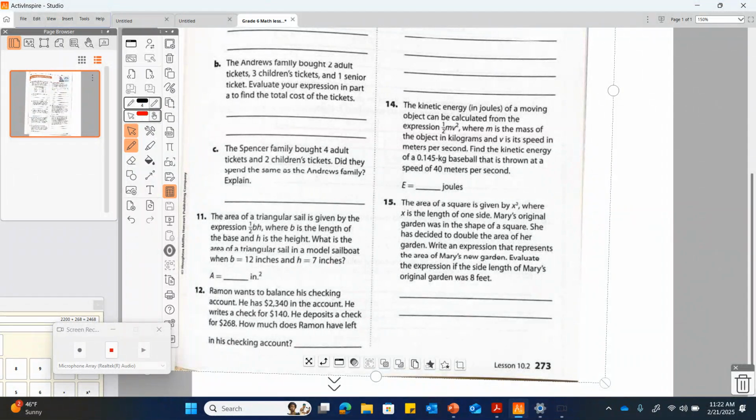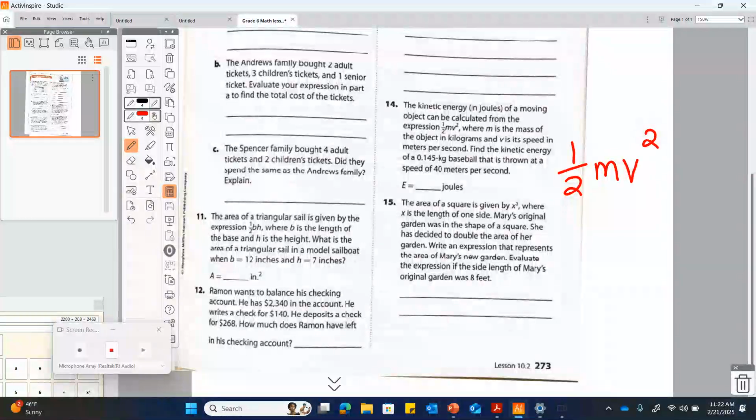There. 1/2 mv squared. So you need to understand as you read this problem that m is the mass, that's like the weight of the thing, and v is speed. It's because v stands for velocity, and velocity is a fancy word for how fast something is going.